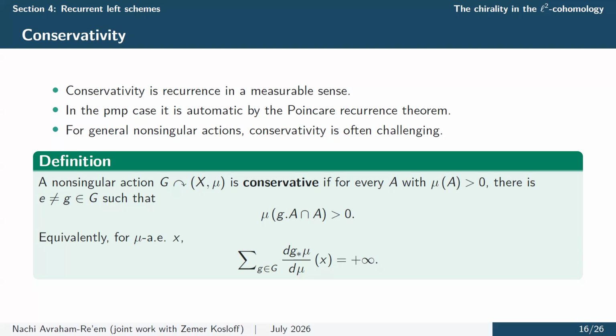So this is just an infinite sum of 1s, and this is infinite. But this is the general notion of conservativity. There are many other ways to put it. It's a delicate property and much less innocent than in the probability preserving case, and it's challenging to show in general.